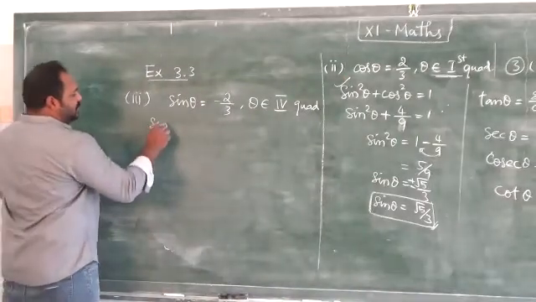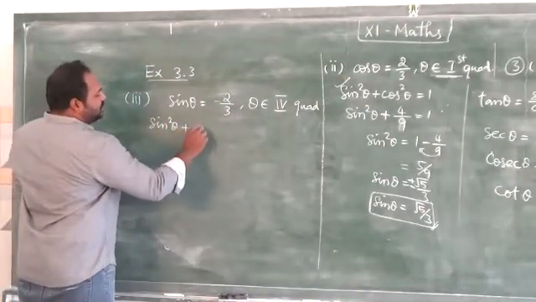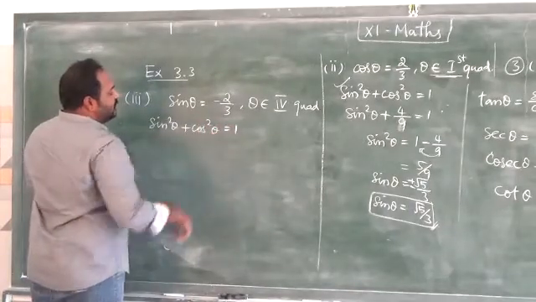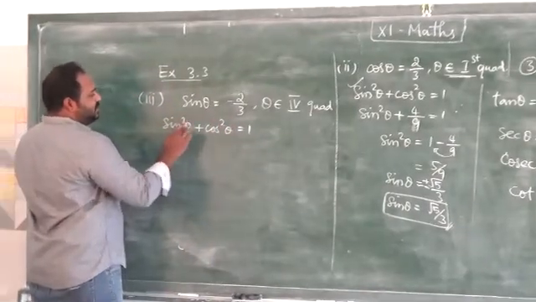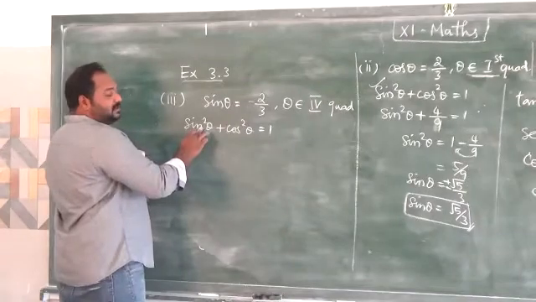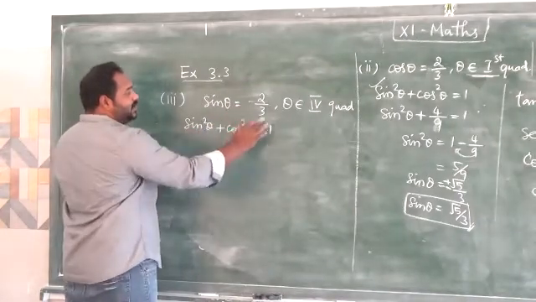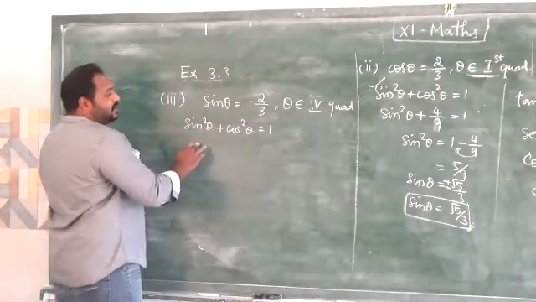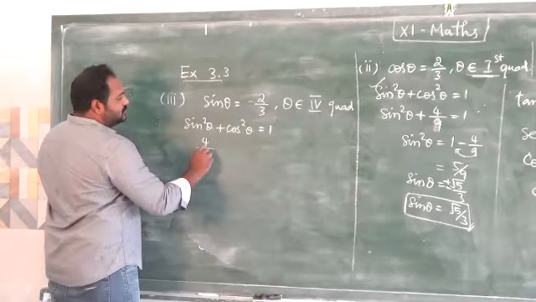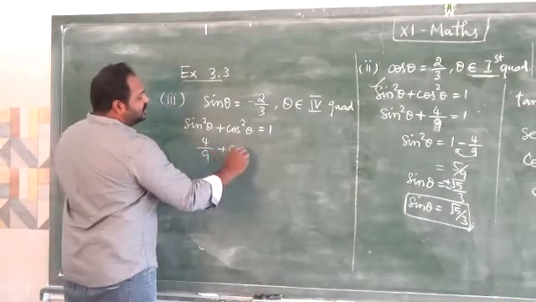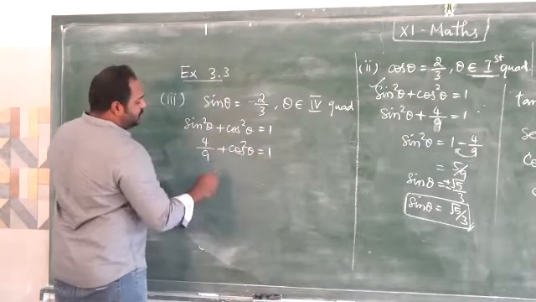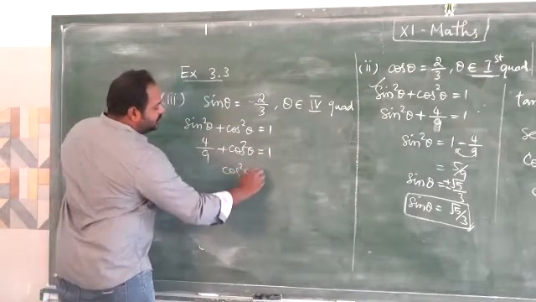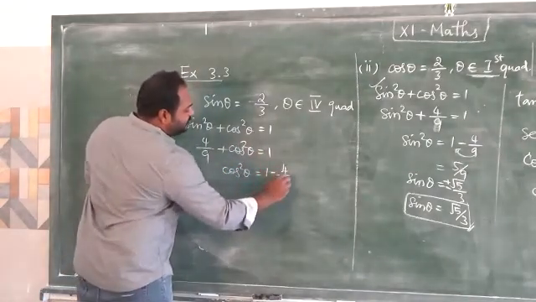So sin square theta plus cos square theta equal to 1. The sin value is given, and we have the square, so I am going to square this value directly and apply here. Minus 2 square is 4, 3 square is 9, plus cos square theta equal to 1. So cos square theta equal to 1 minus 4 by 9.